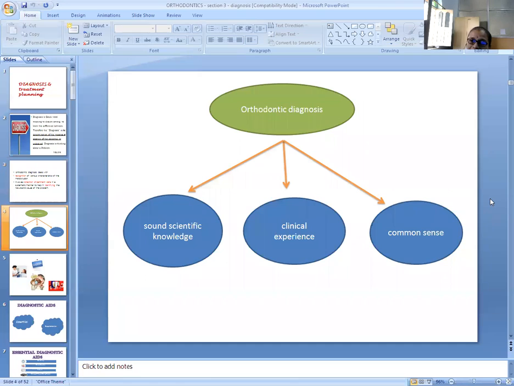Orthodontic diagnosis needs sound scientific knowledge, nice clinical experience, and obviously common sense. By having all three, scientific knowledge, clinical experience, and common sense, we will be able to reach the final diagnosis.